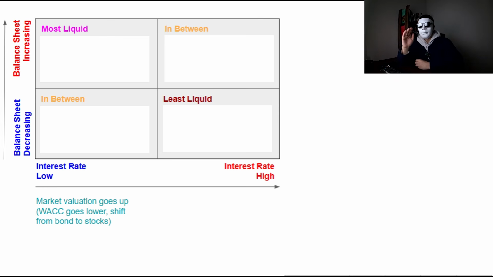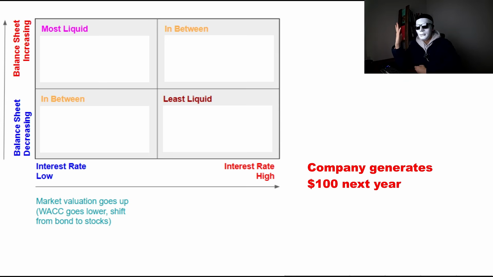Now, you're using this WACC to discount the future cash flows of the company. Therefore, if the WACC goes lower, the value of the cash flows will go up. To give you a simple example, if the company is projected to generate $100 of cash flow next year and the WACC is at 10%, the current value of the $100 would be $100 divided by 1 plus 10%, which is $90.9.